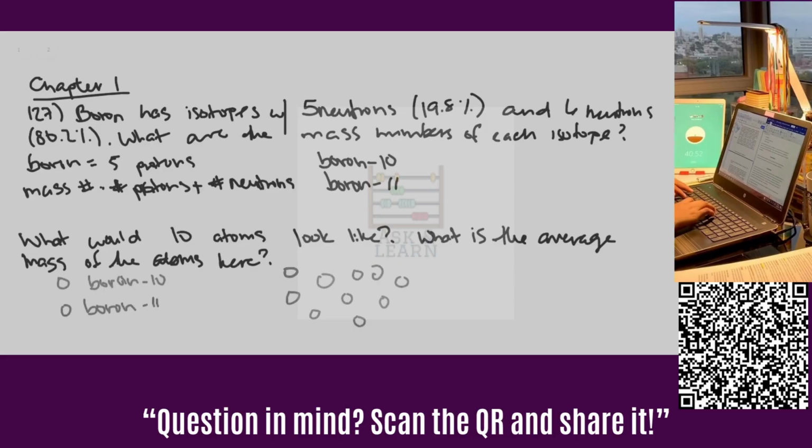For the average mass of the atoms here, of course, we would do a weighted mass, just like when calculating the atomic mass of a real scenario. 10 times 0.2 plus 11 times 0.8 gives us the weighted average, or the mass of boron in this scenario when just looking at this drawing.